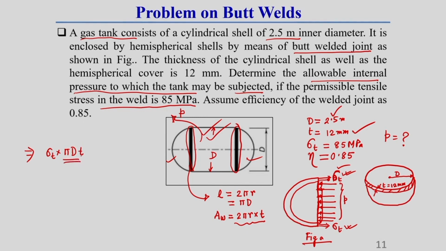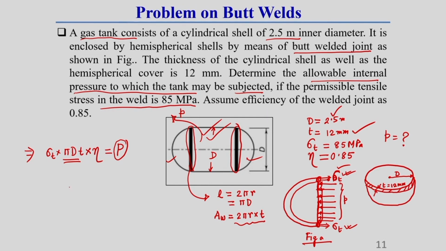This is the weld strength equation: sigma t into pi d into t into its efficiency. This gives the load supported by this weld material, by this weld thickness, or you can say the peripheral weld joint. From here we get the strength equation of the weld joint. This strength is balanced by the internal pressure.